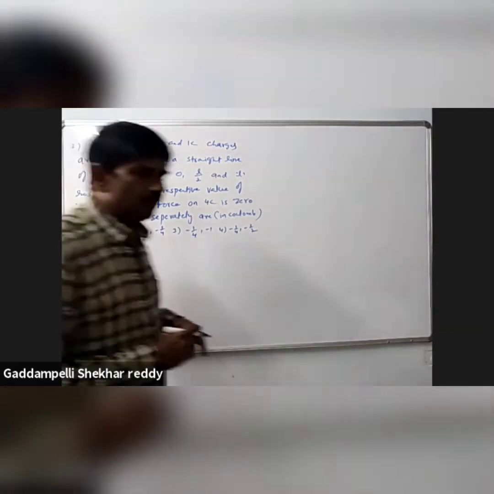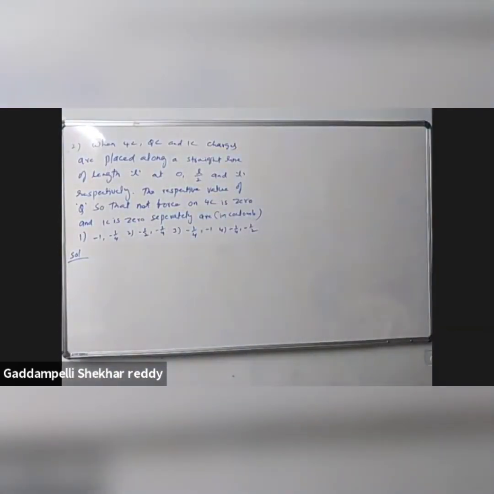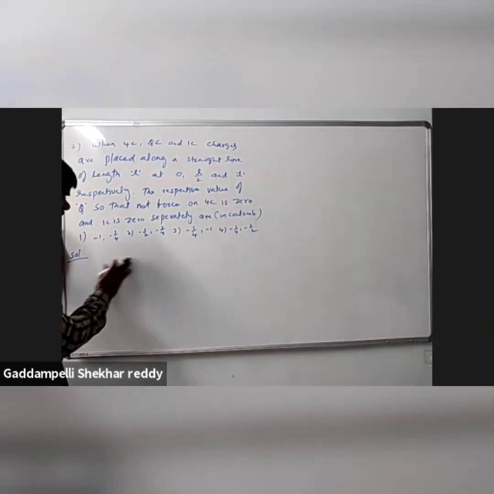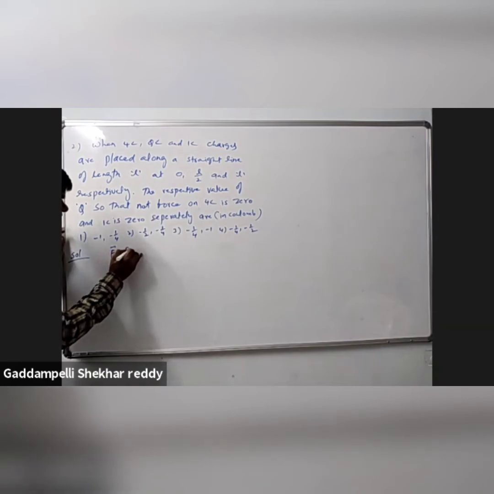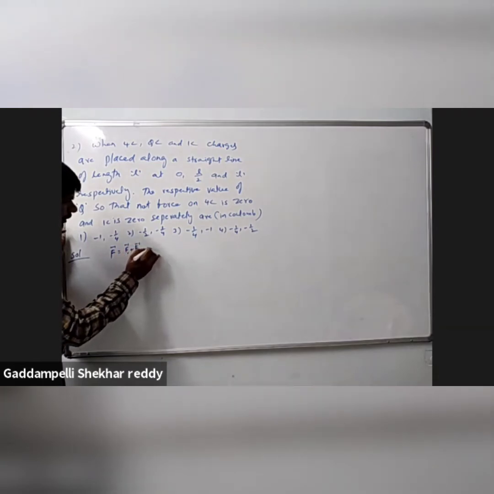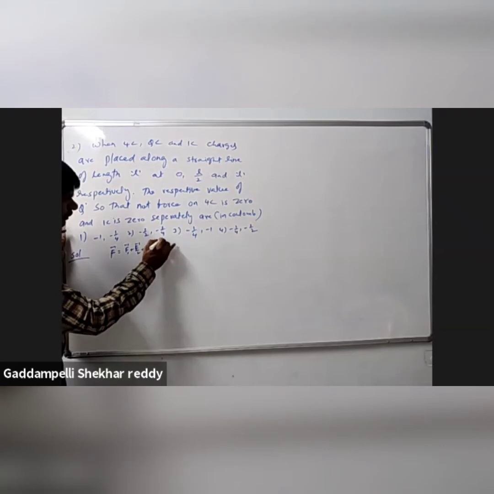According to the given question, this is the principle of superposition. So generally we know the Coulomb force formula: F is equal to F1 bar plus F2 bar, and so on, up to Fn bar.